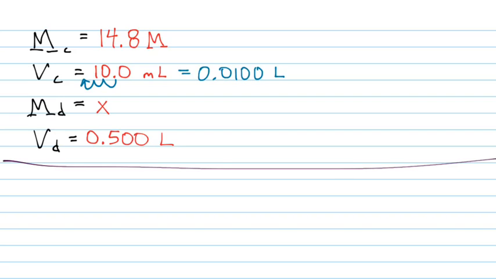All right, let's use our equation. Molarity of the concentrated times volume of concentrated equals molarity of the dilute times the volume of the dilute. So we'll go with 14.8 times 0.01. Again, we'll go back to our original equation to figure out our sig figs.